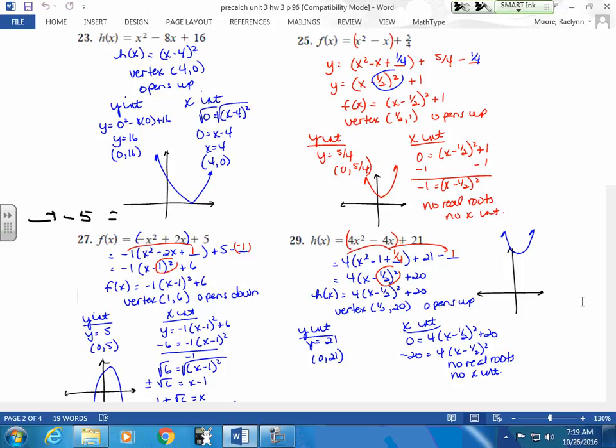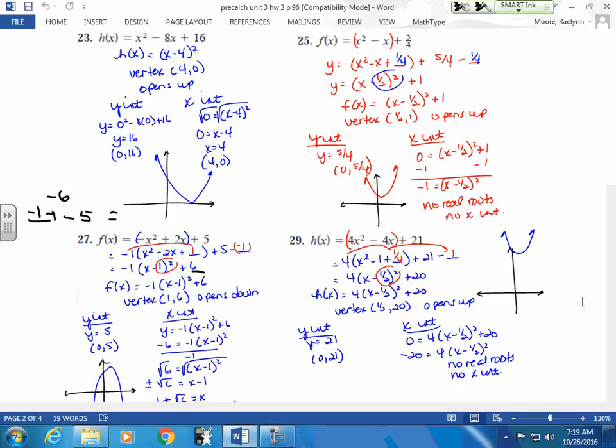This is a positive. When you distribute this, this is a negative 1. So you're going to have to put a negative 1 over here. So this becomes negative 6 by itself. When you move to the other side, it will become a plus 6. Don't forget, once you factor something out, you have to distribute it to get it out of the parentheses. Okay?